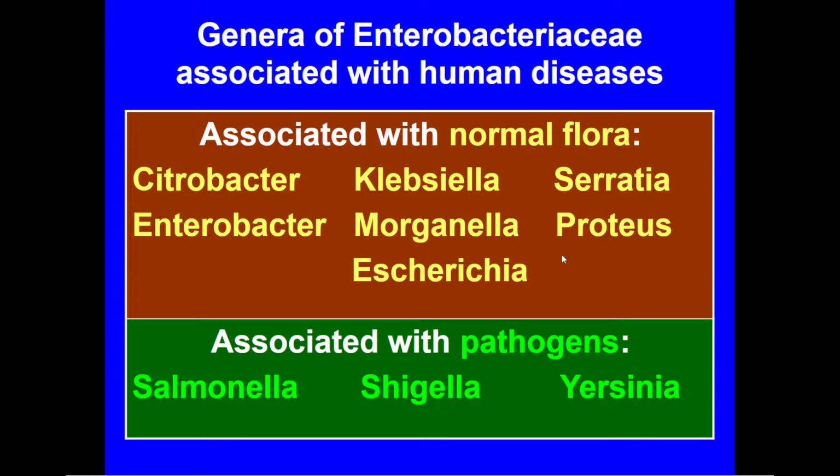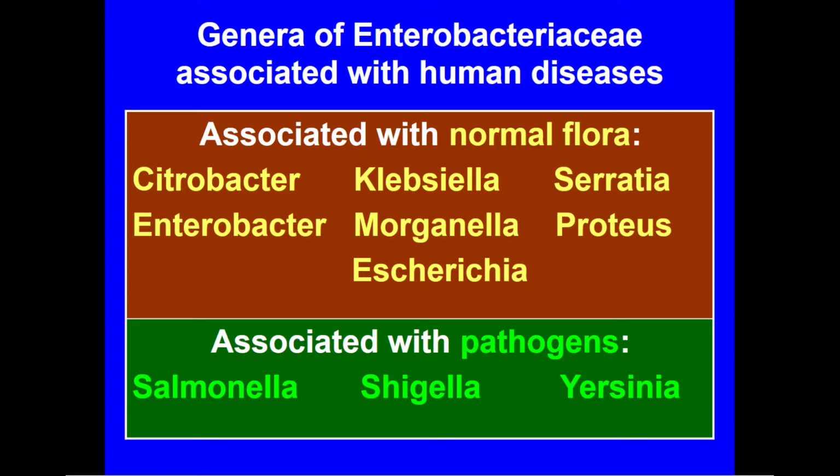But we have to confess that under some conditions, at least some of them, Proteus, Klebsiella, Enterobacter, Escherichia, even Morganella, if the body is immunocompromised or under long-term antibiotic treatment, these normal flora members may cause diseases. What does it mean? It means that they may act as opportunistic pathogens. Okay? So when the body is immunocompromised, they get the opportunity to overgrow and to cause diseases.